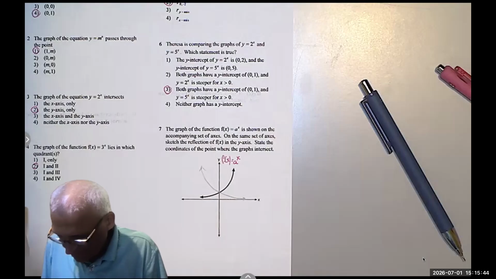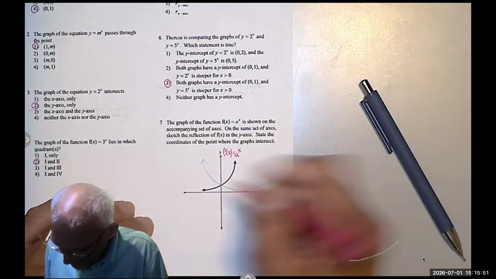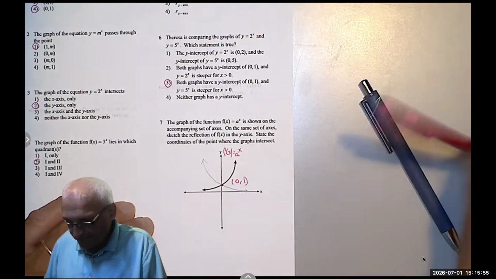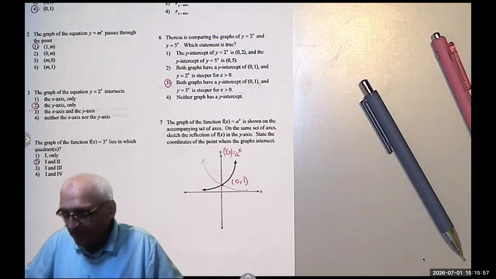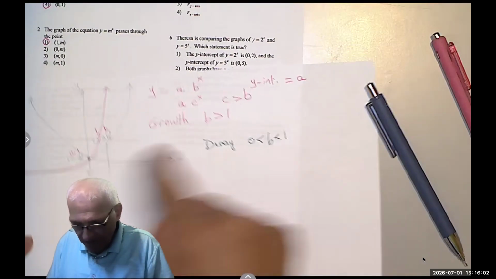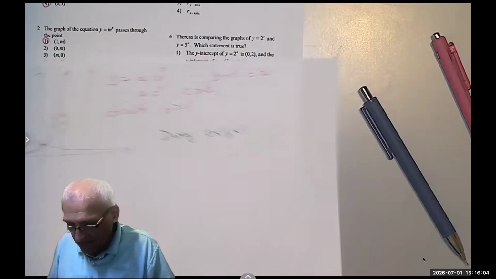State the coordinates of the point where the graphs intersect. Of course, the graphs always intersect at 0 and 1. We already did that, remember? This one, that one, they always intersect at this point.